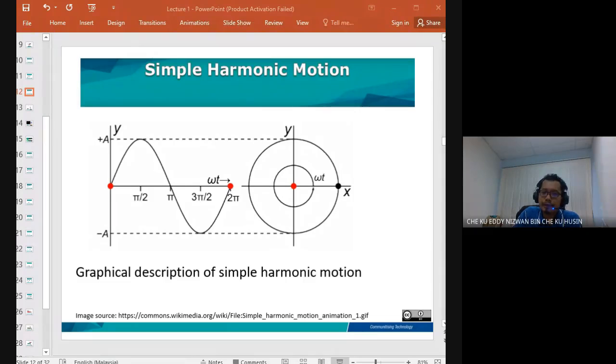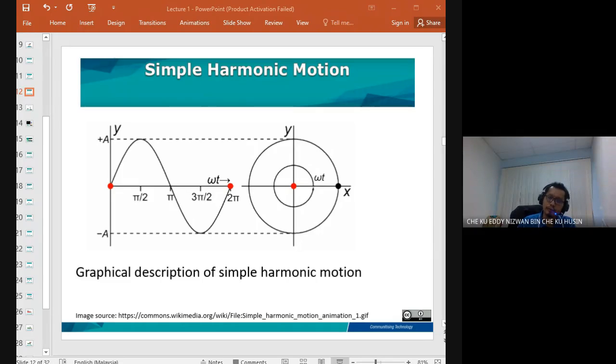For the displacement, if we represent it as a sinusoidal wave for free vibration, which is a simple harmonic motion, we can represent the displacement as a sine omega t. The velocity we get by differentiating the displacement.